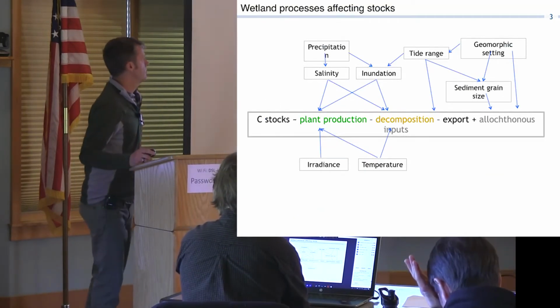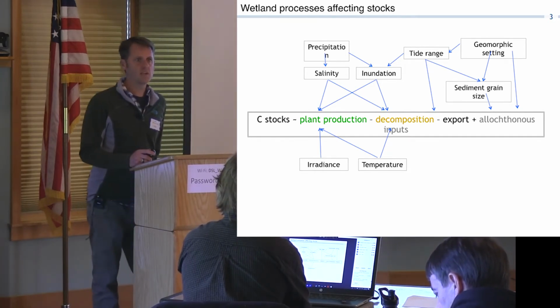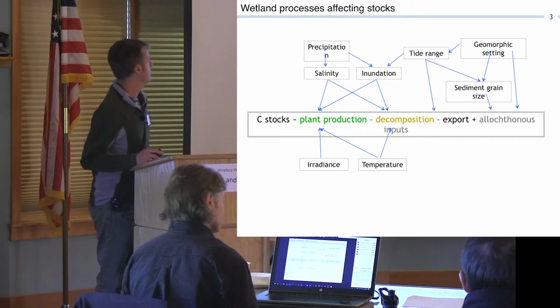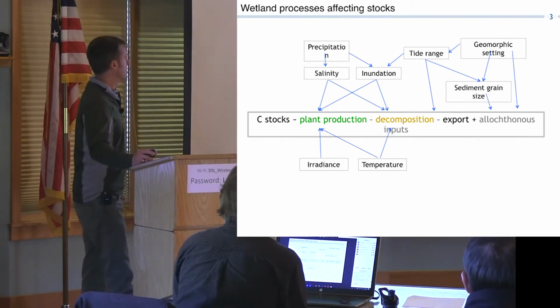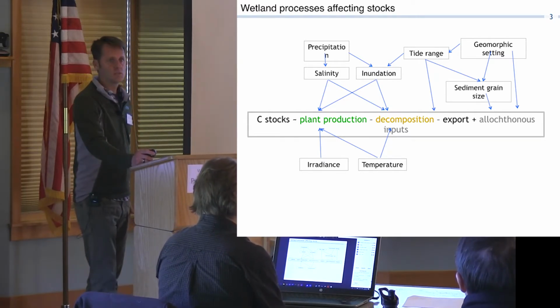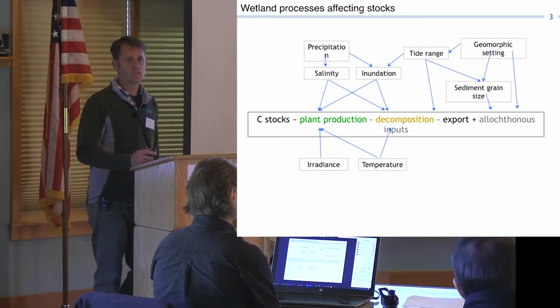So this is a very rough conceptual diagram of the factors that might affect the carbon stocks in a given wetland ecosystem. So stocks are a function of plant productivity that adds carbon. Decomposition removes carbon from the system. Export removes it as well, and then you can have allochthonous inputs.